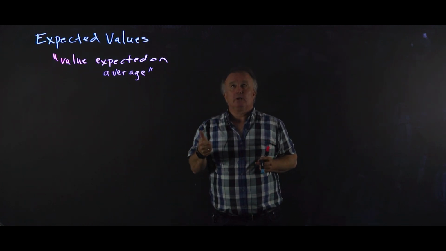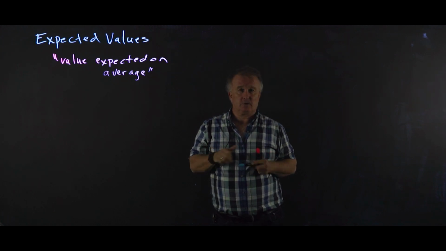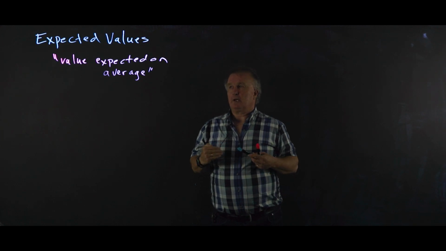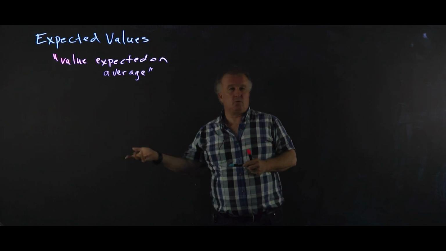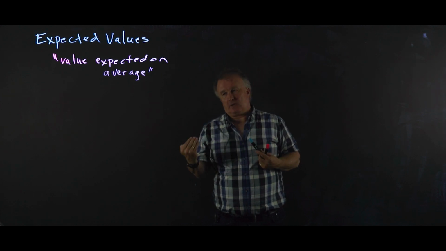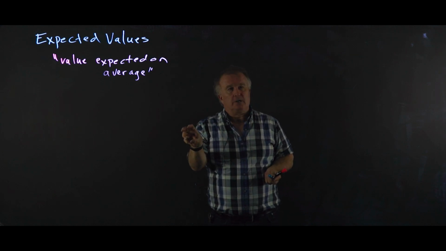I need to know the values that the random variable can take on, so all the different values. And I also need to know the relative fraction with which each one of those values occurs. So I need to take into account both the values of the random variable and their probabilities of occurrence.